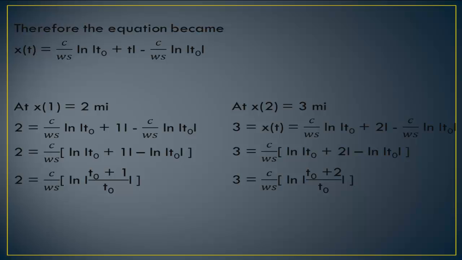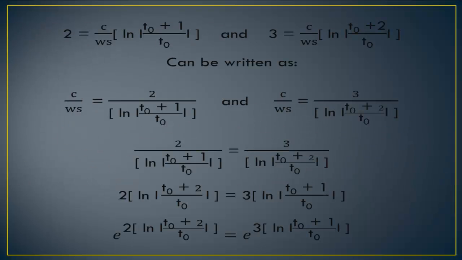So at t equals 1 hour, x(t) is equal to 2 miles. Therefore, 2 equals c over ws ln((t sub 0 plus 1) over t sub 0). And also at t equals 2 hours, x(t) is equal to 3 miles, where 3 equals c over ws ln((t sub 0 plus 2) over t sub 0).